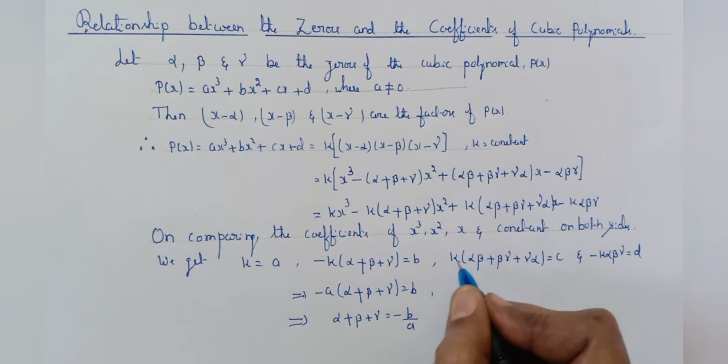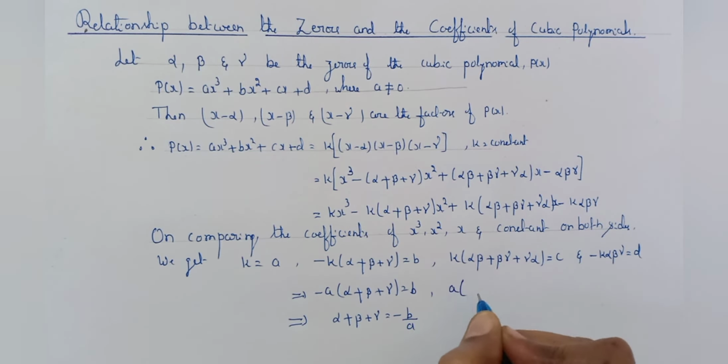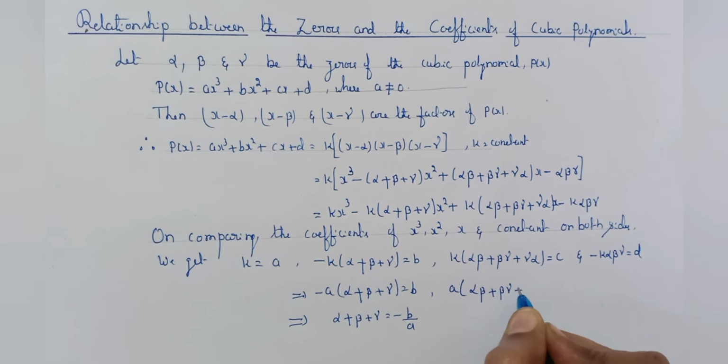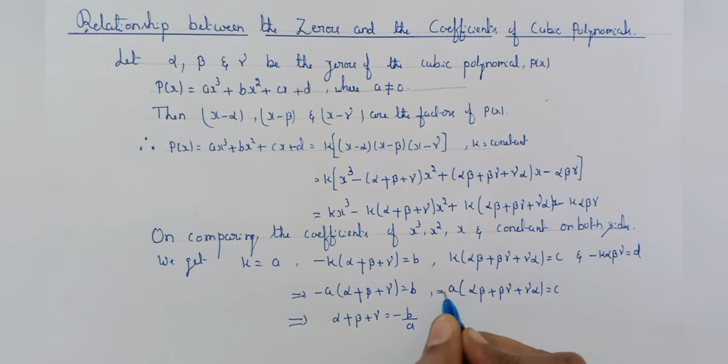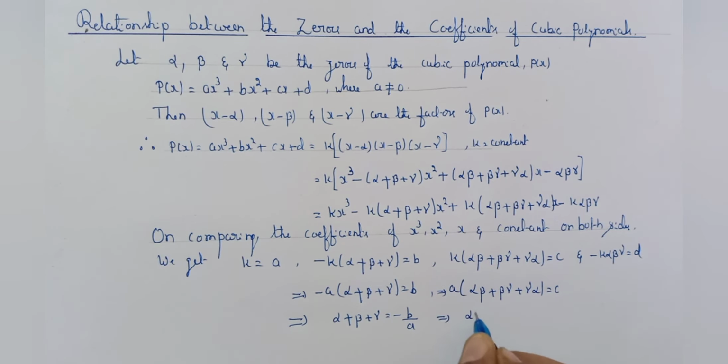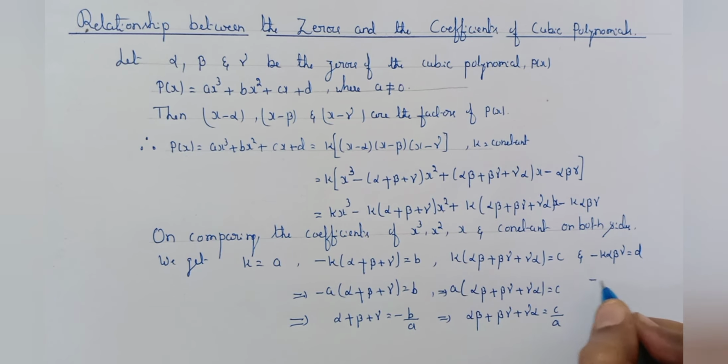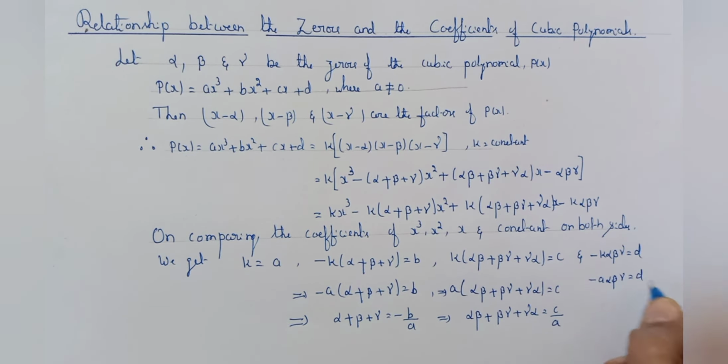Here again, substitute a in place of k. a into (alpha beta plus beta gamma plus gamma alpha) is equal to c. Next, alpha beta plus beta gamma plus gamma alpha is equal to c by a. And here minus a alpha beta gamma is equal to d.